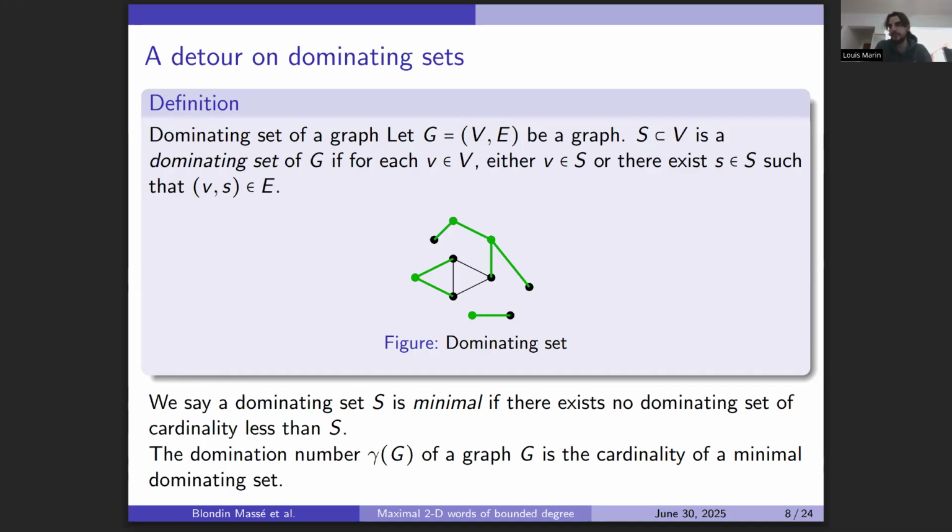If you don't care about minimality, you can just select every vertex to be in your dominating set and you win, but it's not very interesting. So the idea is to find the minimal one. The cardinality of the minimal dominating set is called the domination number. This is a known, very hard problem. Finding the domination number of a graph is known to be very hard.